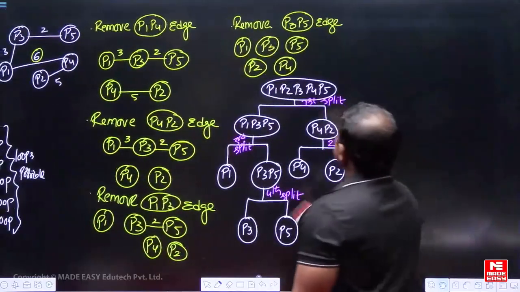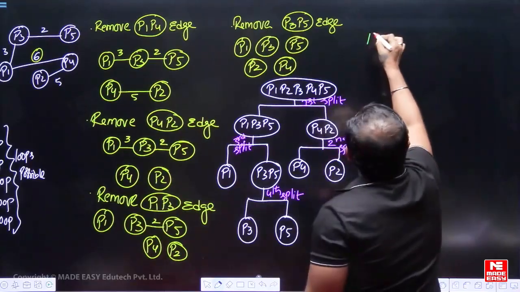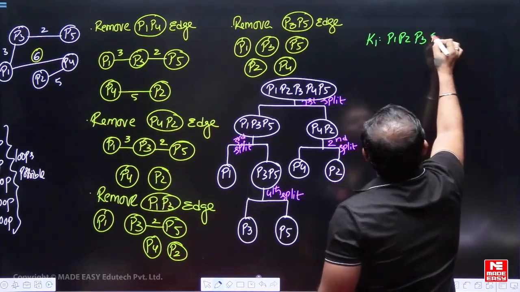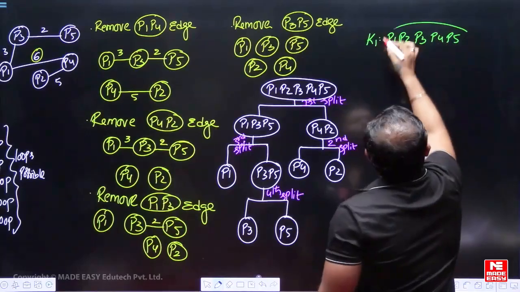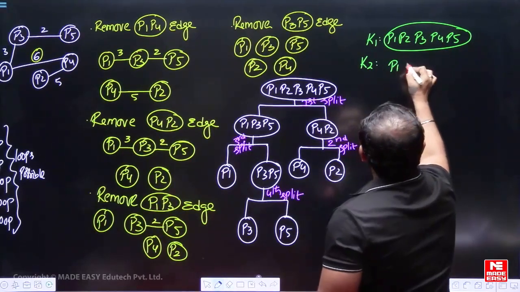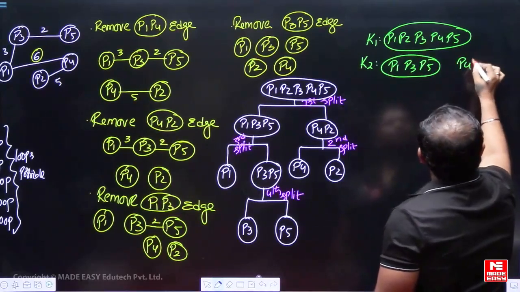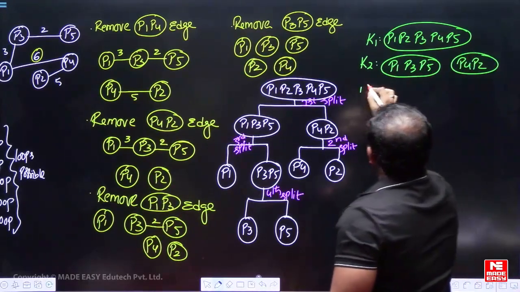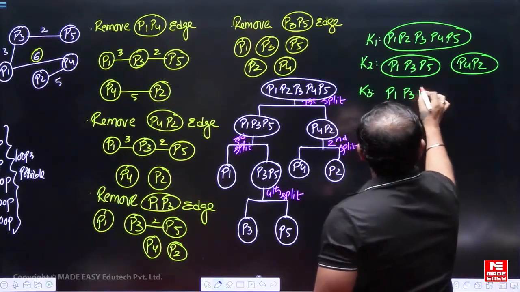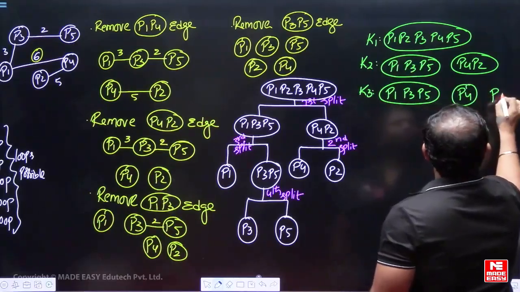Okay, all right. So now cluster. K1: P1, P2, P3, P4, P5. Major cluster, and first splitting P1, P3, P5 and P4, P2. Then next one, P1, P3, P5, then P4, P2.